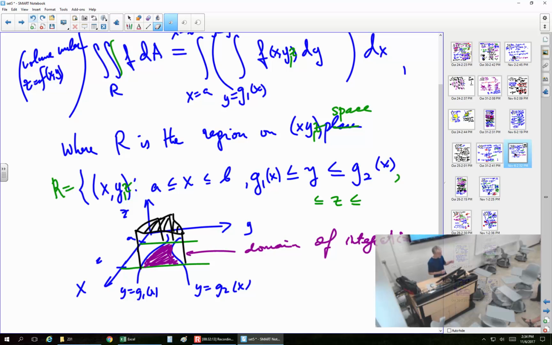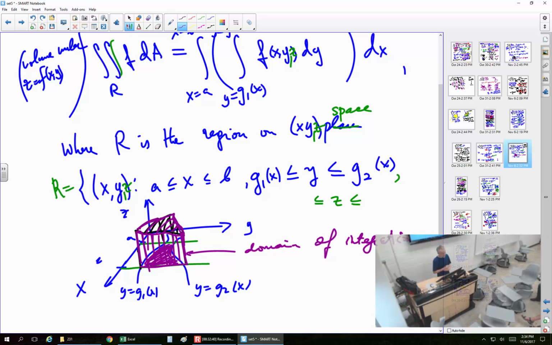So first of all, this is not the domain of integration. This is the whole thing. So let me make that clear. I'm talking about this as my domain of integration. My 3-dimensional solid here is my domain of integration.